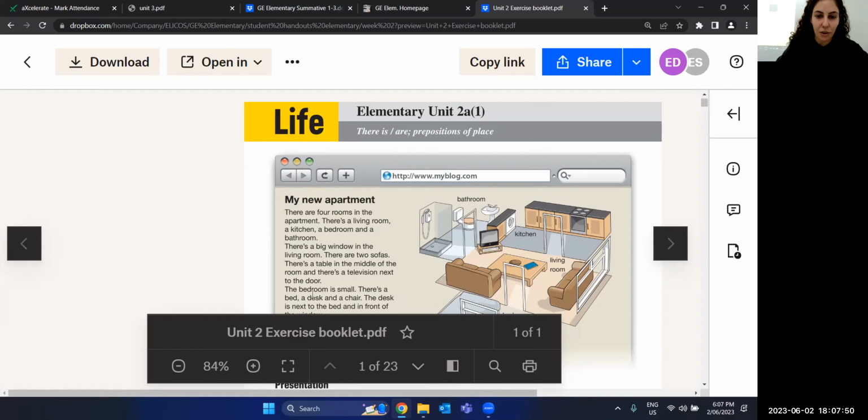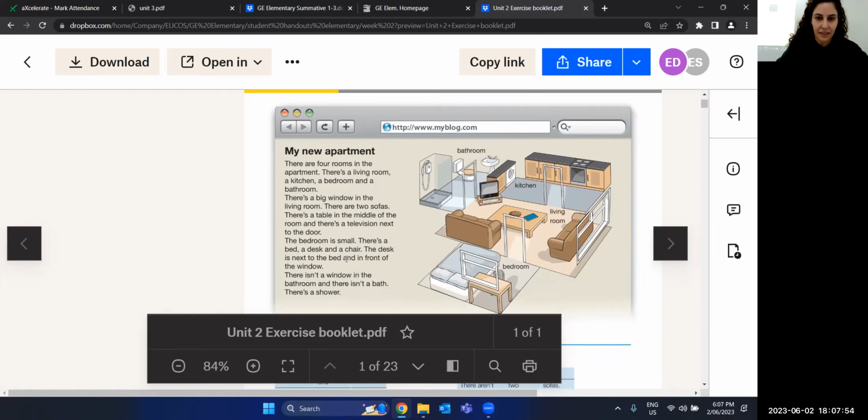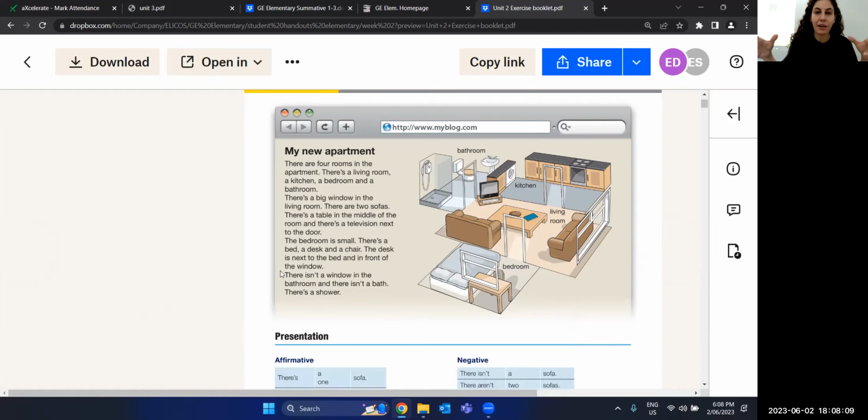So if I go back here, I was saying the desk is next to the bed and in front of the window. So you can see how I left the window to be one sound together. In front of, I kept that together, and then the window.